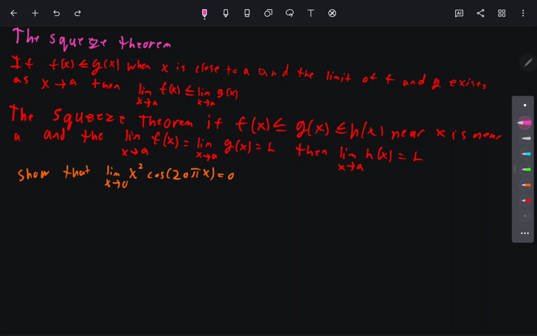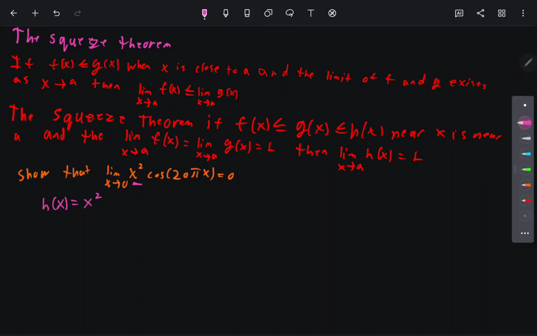Well, we can take 2 functions, and in fact, there's this function inside of it that's going to dictate what we could maybe use, this x squared. So let's say that h of x is equal to x squared. I want to find the upper bound first.